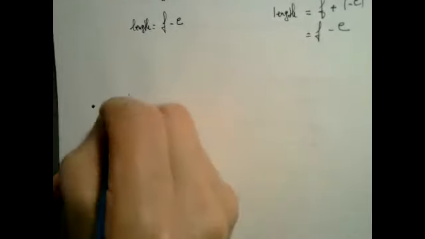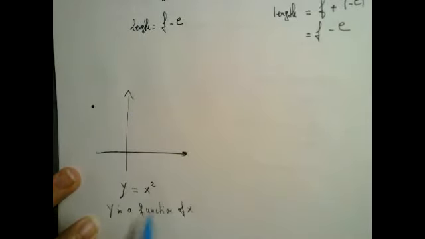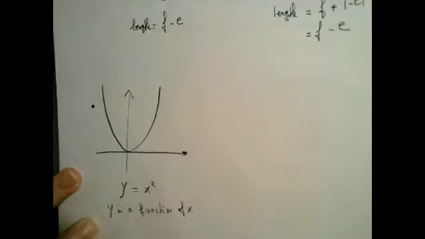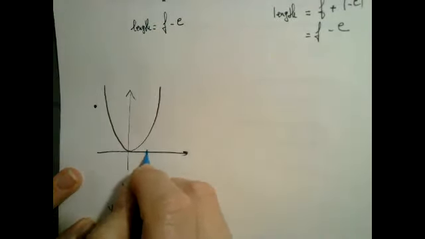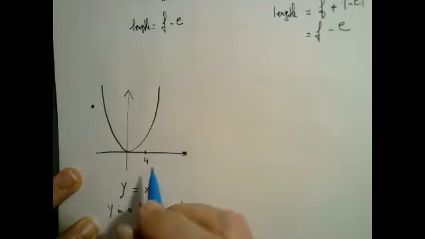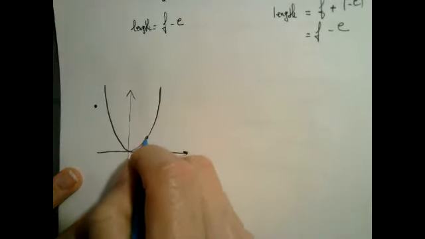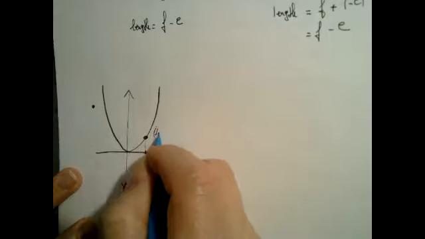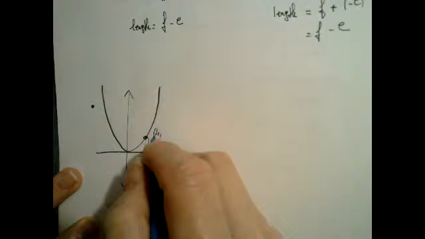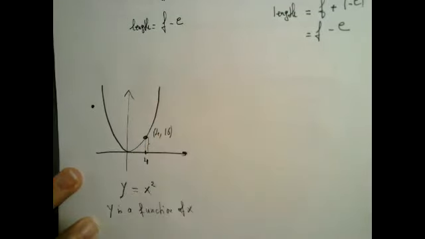If I know x, this formula gives you the y. If I tell you x equal to 4, this formula will give you the y that corresponds to x equal to 4. If I go up and hit the graph, the y gives you this vertical distance. This is 4, so this is going to be 16.